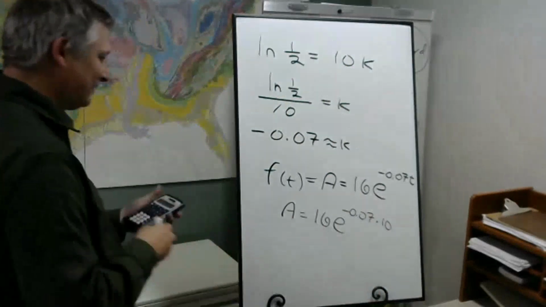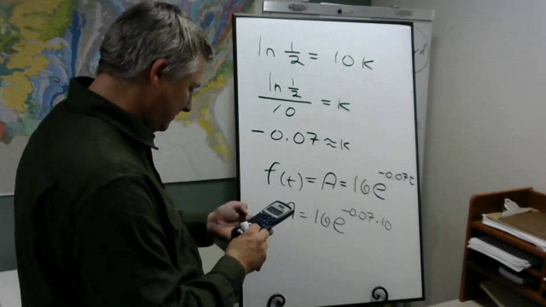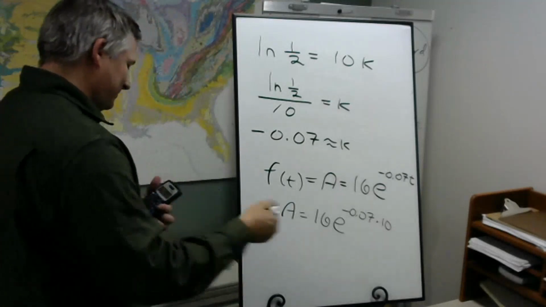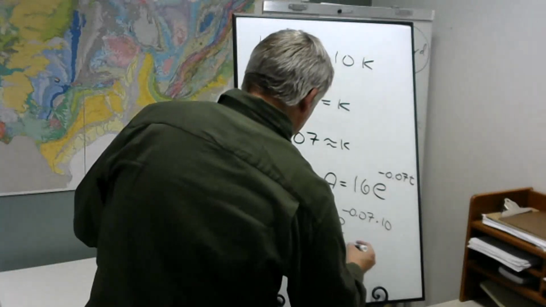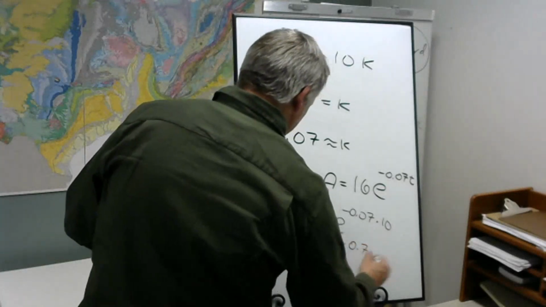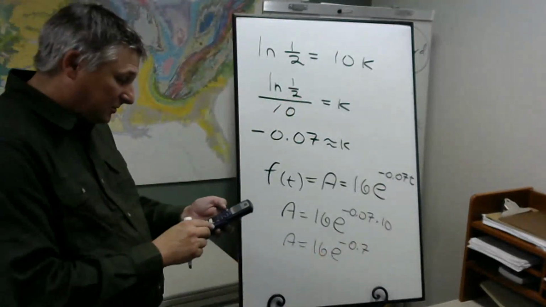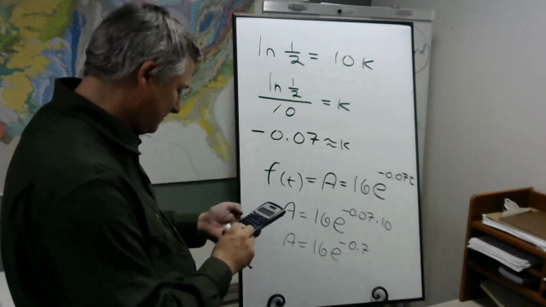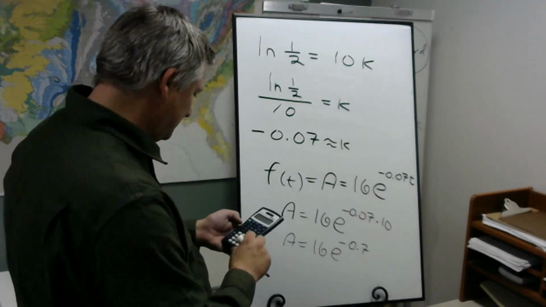But we can do negative 0.07 times 10. Then we can do this calculation. And I'm just doing it stepwise, just so as not to make an error. And then times 16.